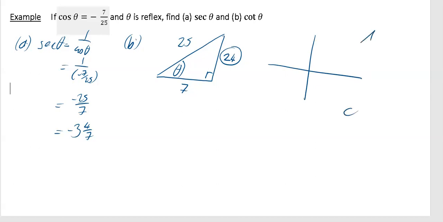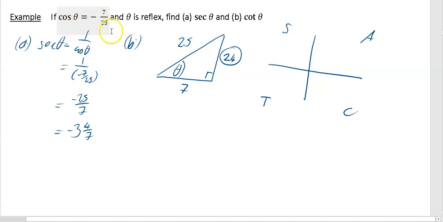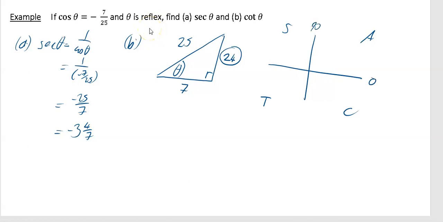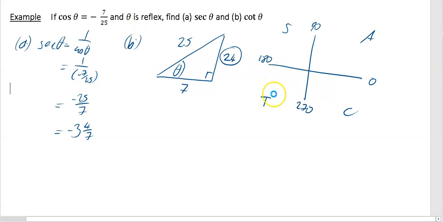So my CAST diagram is here. Now there's a wee bit of information in this question. It says cos theta is minus 7 over 25 and theta is reflex. What reflex means, remember, is greater than 180 degrees. So my angle could have been in this quadrant or in this quadrant. So you've got a little bit of thinking to do here to decide which quadrant it is.